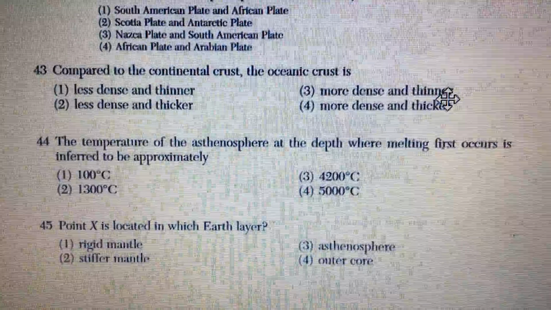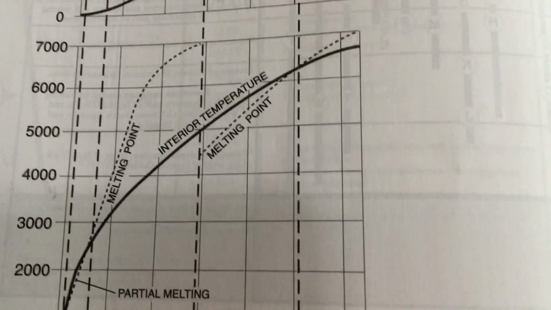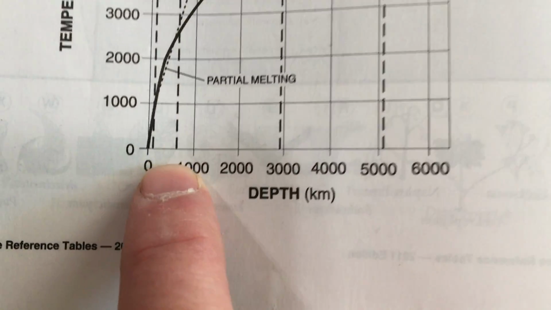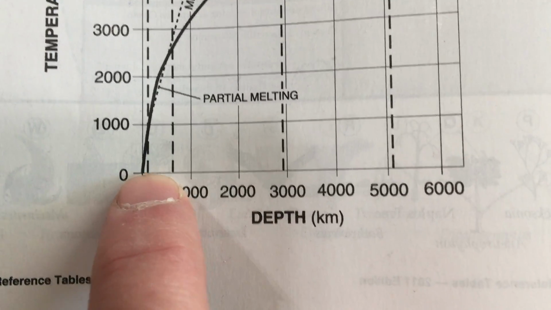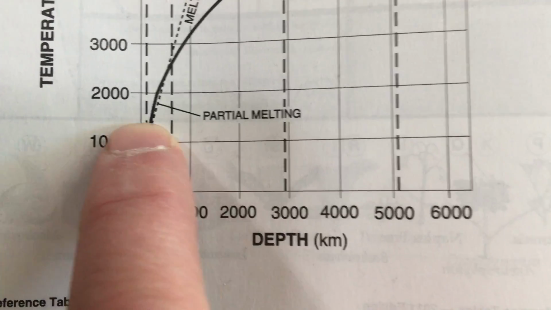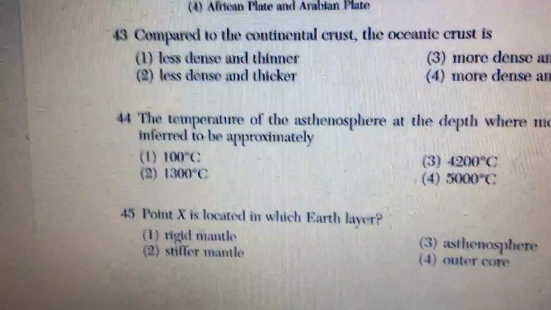The temperature of the asthenosphere at the depth when melting first occurs. 200 kilometers. I guess I'm just not going far over enough. 200 kilometers, yeah, I'll buy it. That's 0, that's 1,000, so 200 is about a fifth of the way across. So a little bit above 1,000. I just wasn't going over far enough. So 1,300 degrees looks about right.